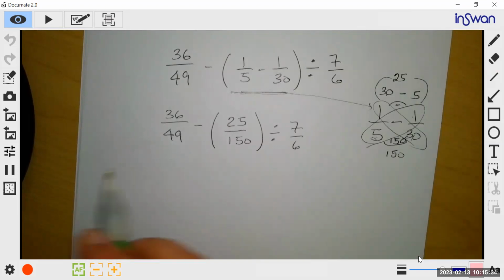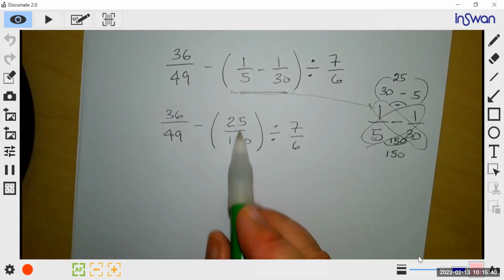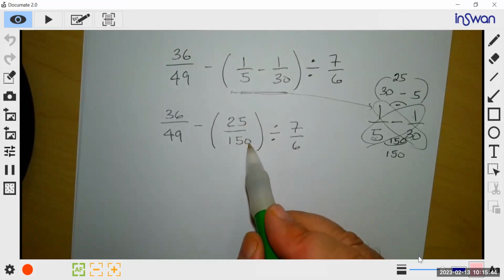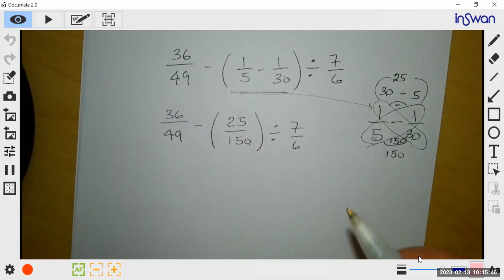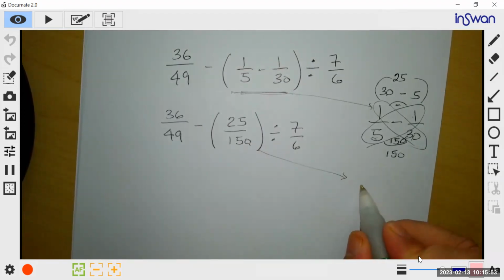Repeat the process. Any special operations? Yes, parentheses. Can we do anything inside the parentheses? Yes, we can simplify. Because they end in a 5 and a 0, that means they have a 5 in common. How many times does 5 go into 25?